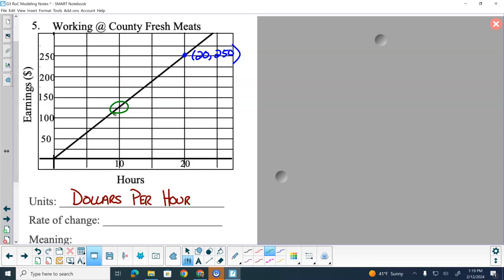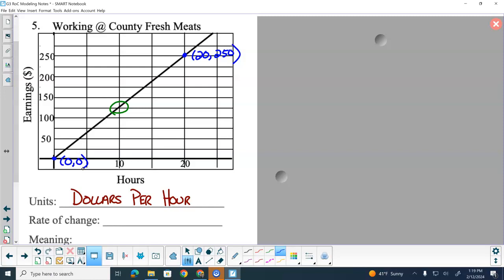So what can we always use? It goes through the origin, so it goes through 0, comma 0. Okay, so we got 2 data points on there now. So what was my rate of change again? Dollars per hour, so I need to find the change in my Y's, which is the change in my dollars. So it's going up by how much?